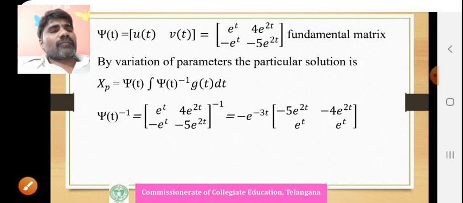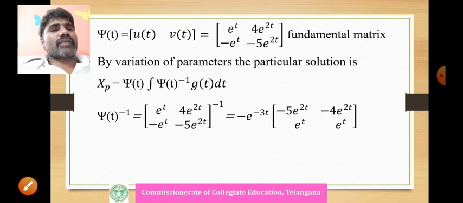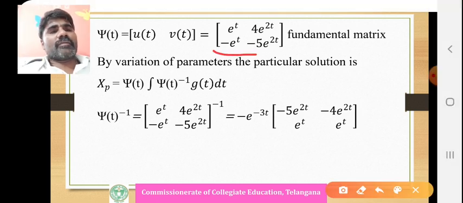Now, the fundamental matrix of the system is defined as psi of t equals the matrix with columns u of t and v of t. U of t is nothing but e power t, minus e power t. V of t is nothing but 4 e power 2t, minus 5 e power 2t. That's why this matrix is called the fundamental matrix of the given system.